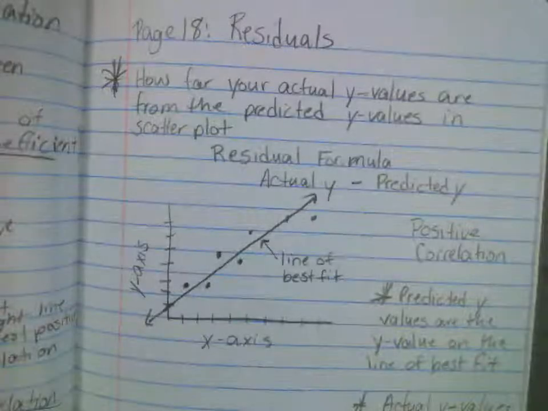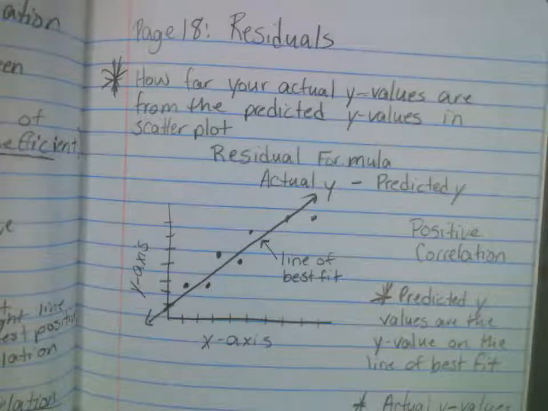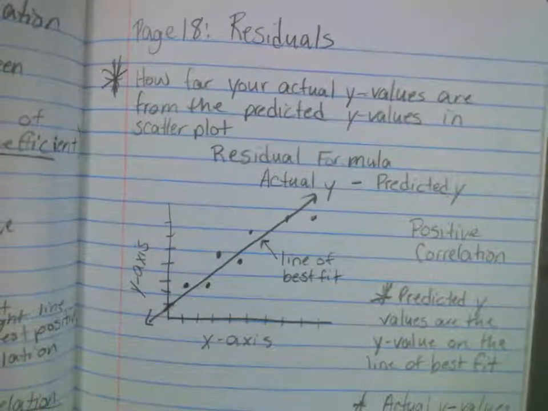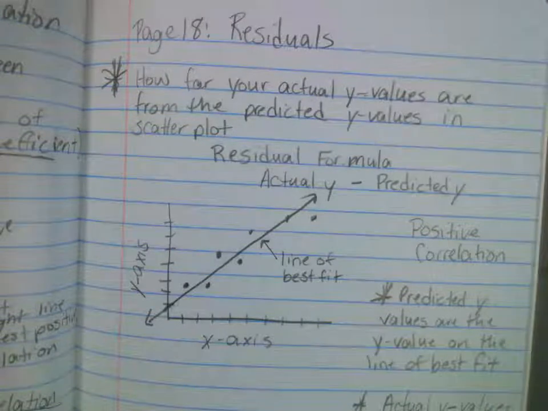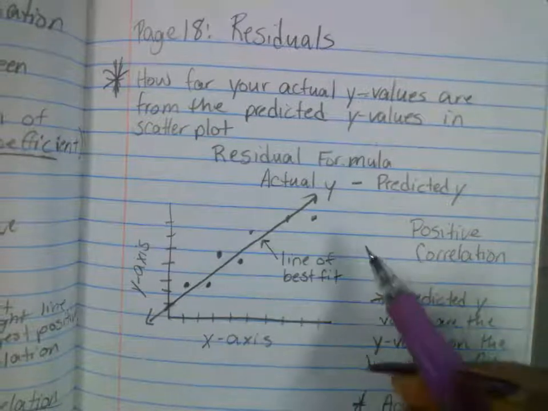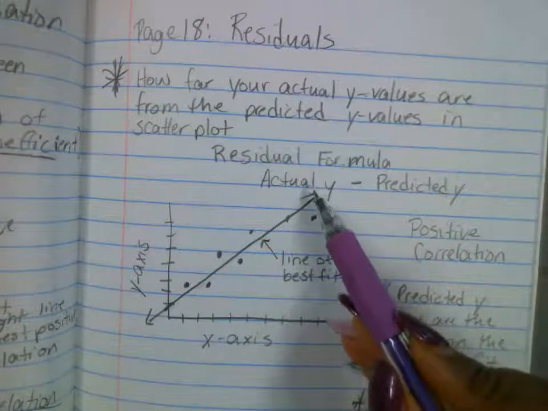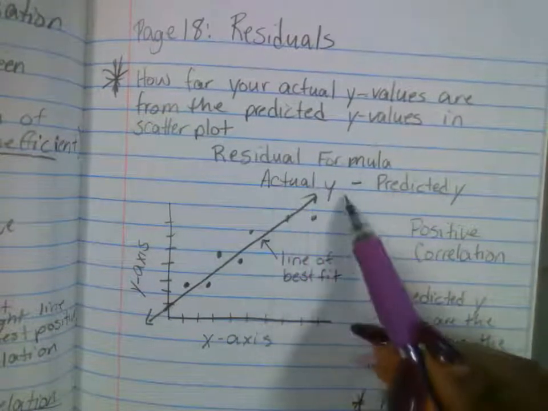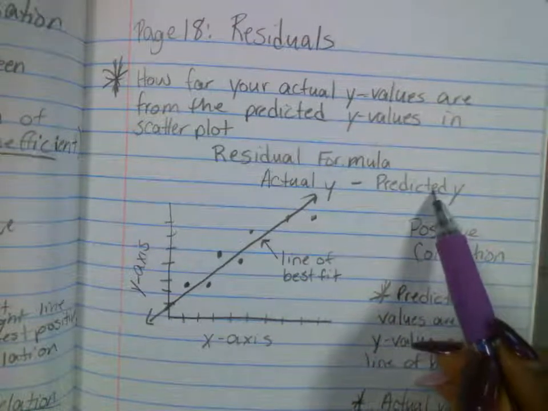All right, so we started residuals yesterday. Residuals are how far your actual Y values in a scatter plot are away from the predicted values in a scatter plot, okay? So the formula for residual is your actual Y values minus your predicted Y values, okay?